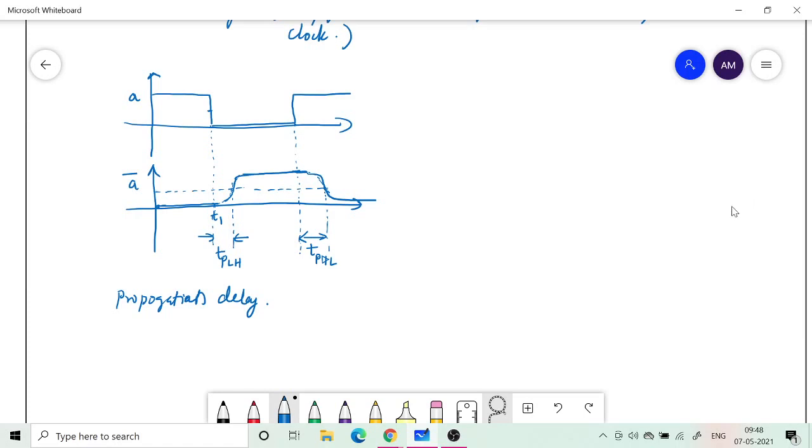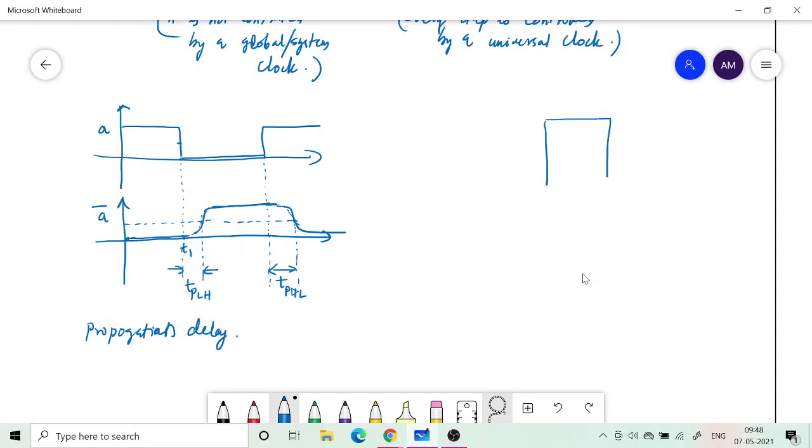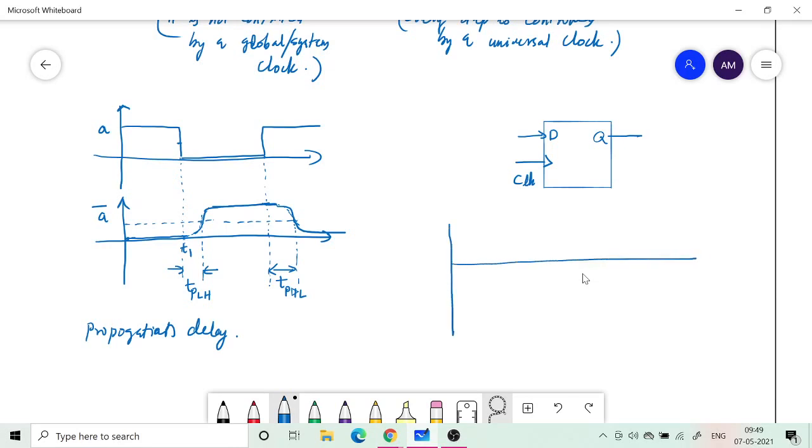Now what are the other delays? When you talk about the D flip-flop, it has a D input, a Q output, and a clock. Suppose I show an input waveform and the clock waveform. The clock waveform is something which continuously goes up and down.